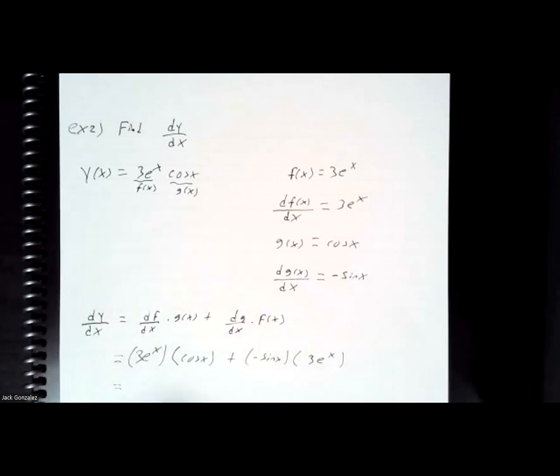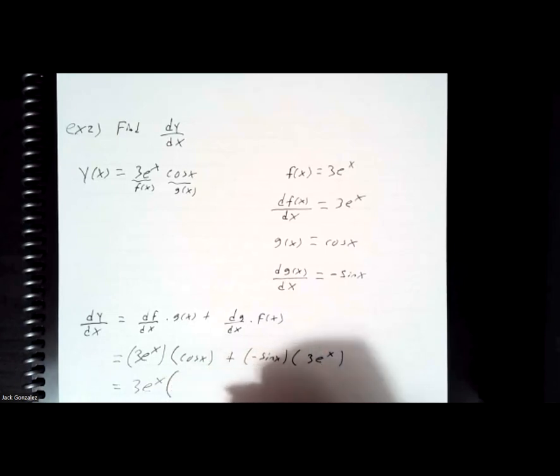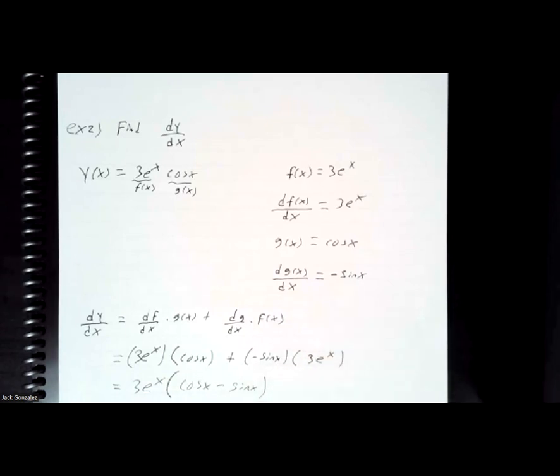So the final answer will be, I think they factor the common 3e to the x, or 3 times e to the x. So we can go ahead and do that. If you factor 3e^x from both terms, you'll get cosine minus sine. Awesome.